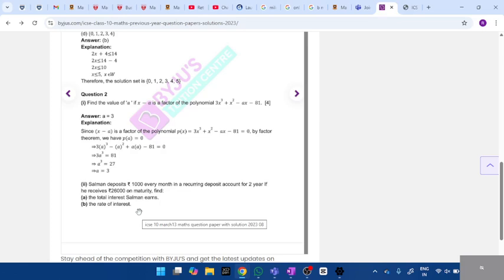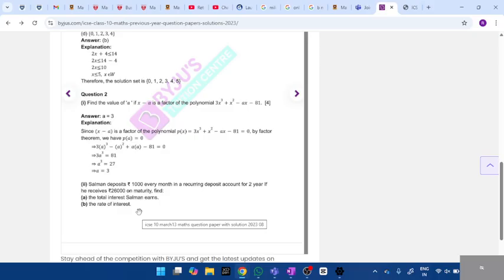Done. Okay, completed. See, rate of interest and interest, rate of interest is easy. If there's a time period to find n, then we use a quadratic equation.